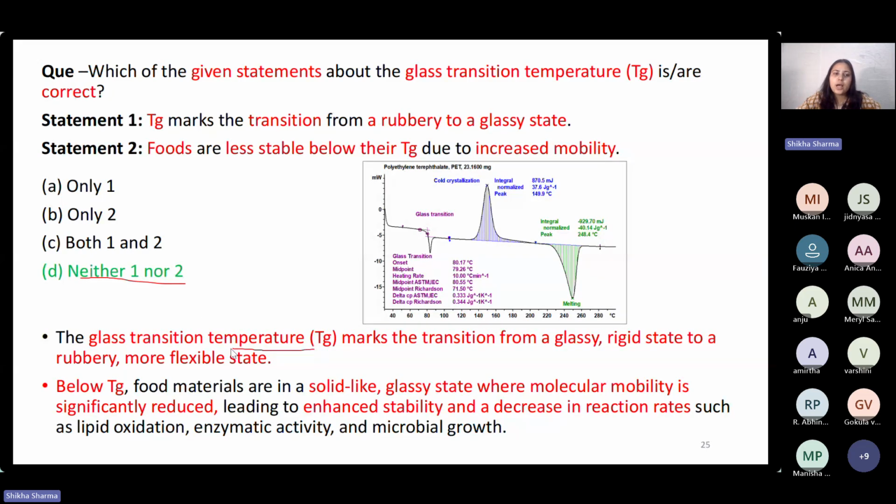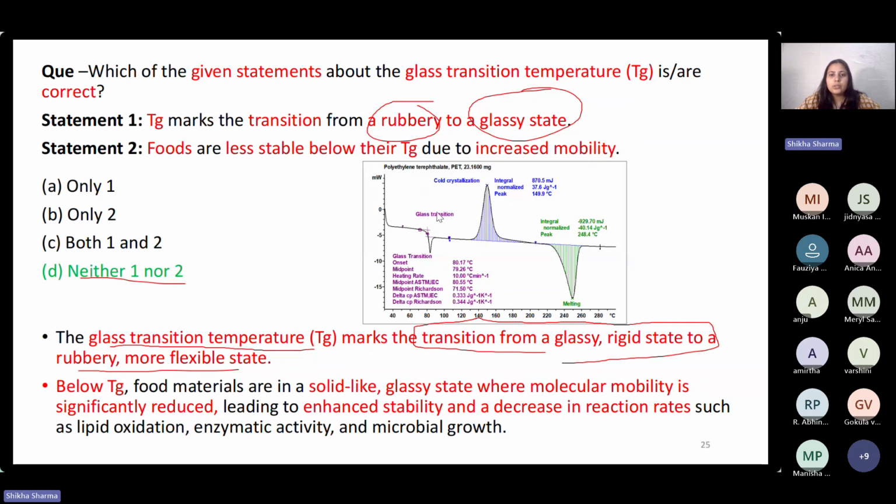Why? Let's see. Glass transition temperature marks the transition from a glassy or rigid state to a rubbery or more flexible state, which is written in reverse here. So this statement is wrong because it is depicting the change from the rubbery to the glassy state.